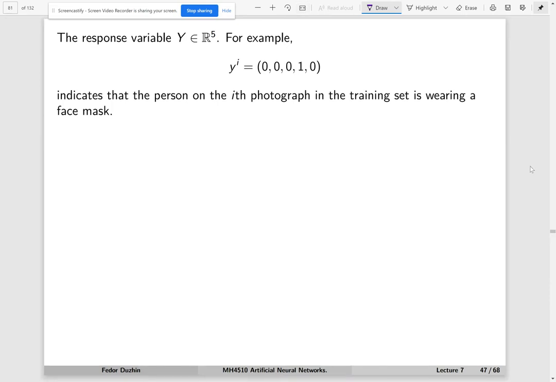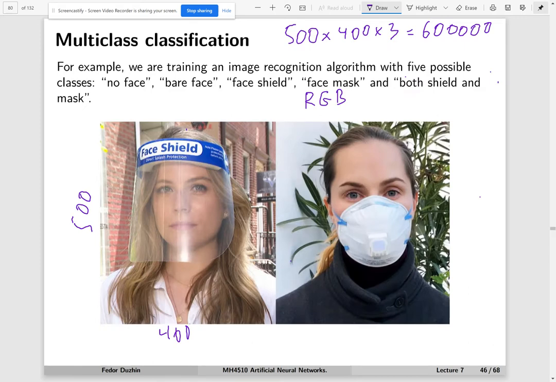Now, our raw response variable is one of the 5 classes. So we are going to convert it to a vector response variable, whose entries are zeros and ones, right? So 1 is in the position corresponding to the class that the observation actually belongs to, right? So if we have 1 on position 4, then the 4th class is face mask.